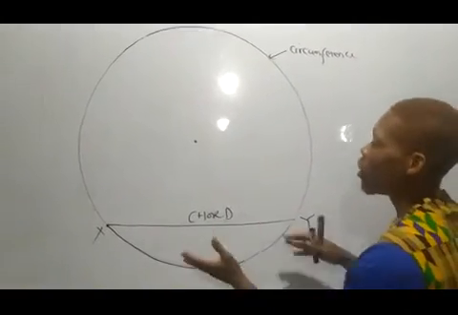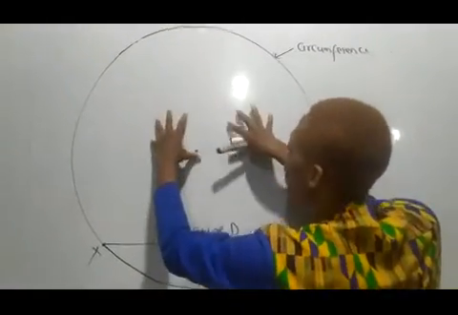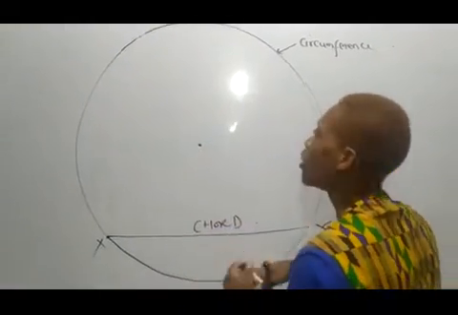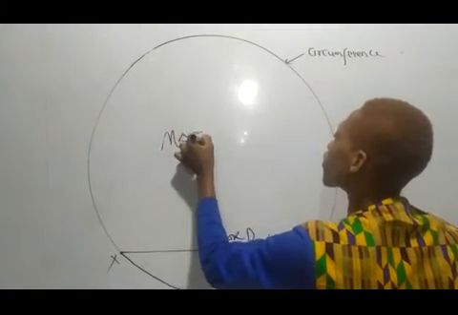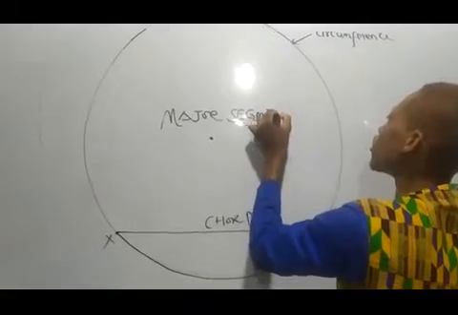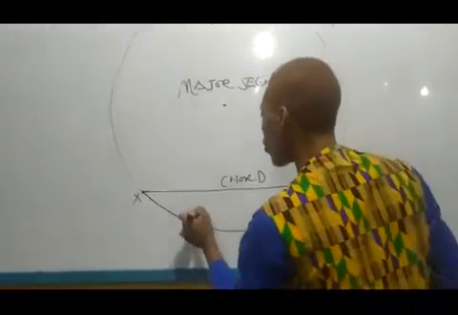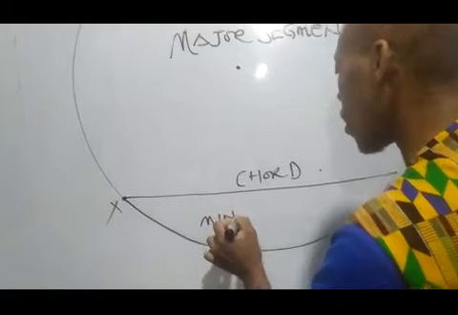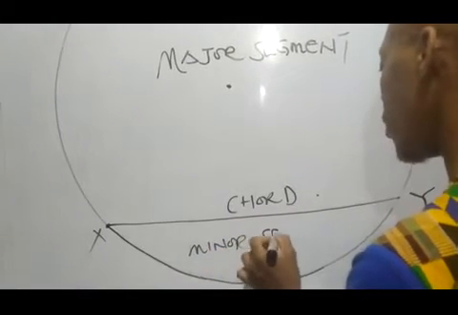From this diagram, we have this portion and this, but this side is bigger than this side. So we call this the major segment, and the smaller side is called the minor segment.